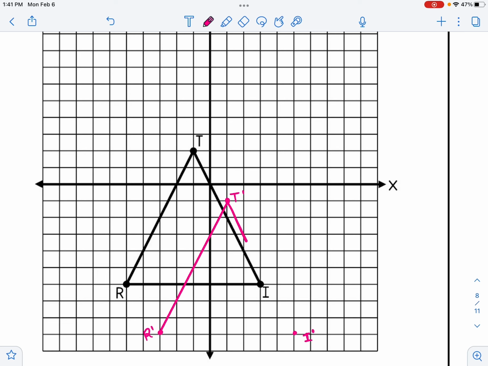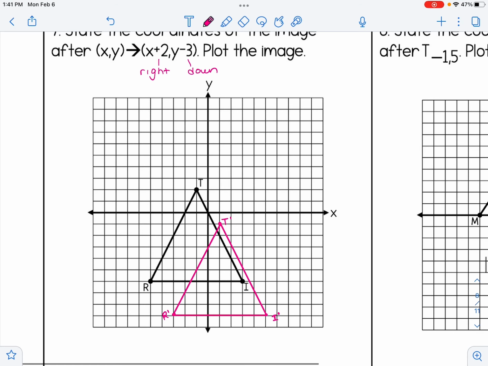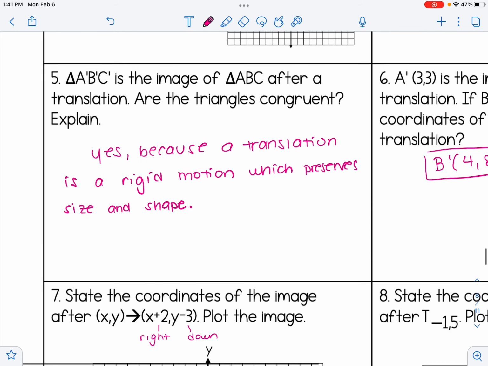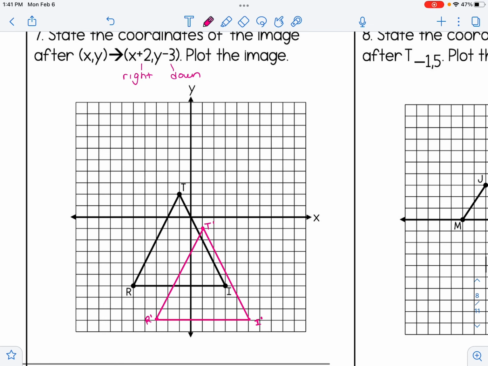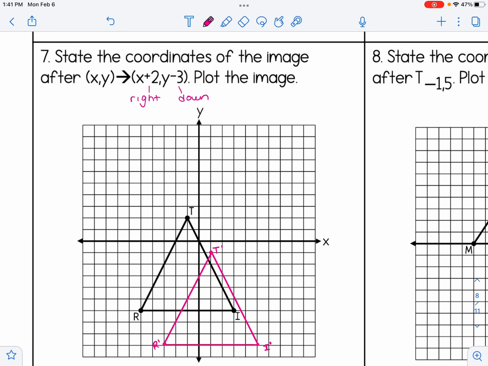Okay, I'm going to connect them. And now I have triangle T prime, R prime, I prime. We could even see, by the way, that the triangles are congruent, expanding upon our answer from number 5. It asks us in this problem to state the coordinates, so I'm just going to write down those 3 points that we got.